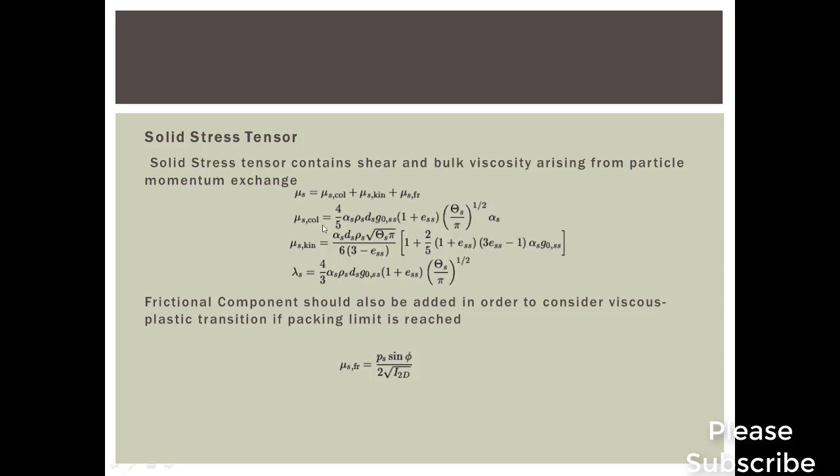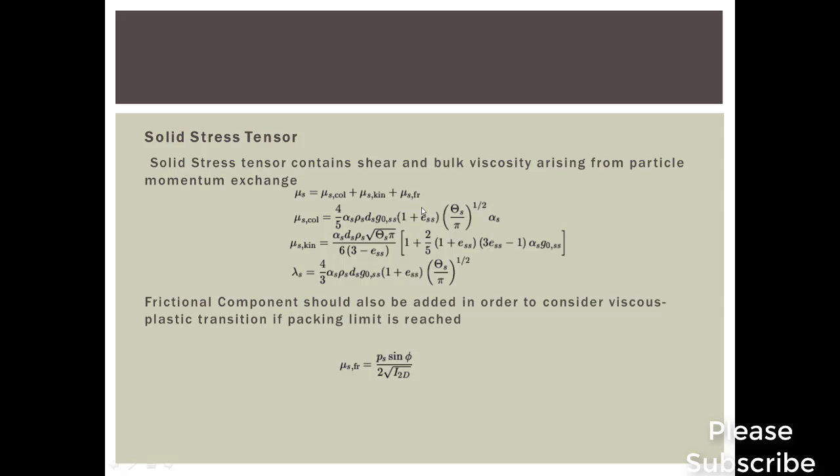Collisional viscosity is when two solids get collided. That is the extra amount of viscosity that needs to be incorporated. And if it has a self vibration or kinetic energy, that has one type of shear stress or shear rate. So all these need to be combined in order to get mu s.